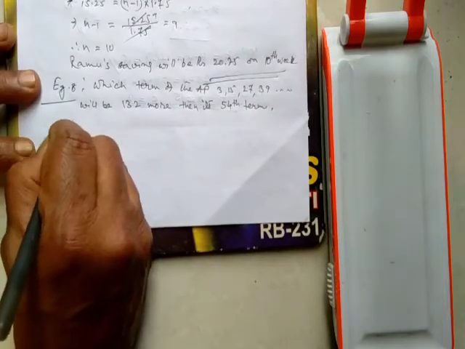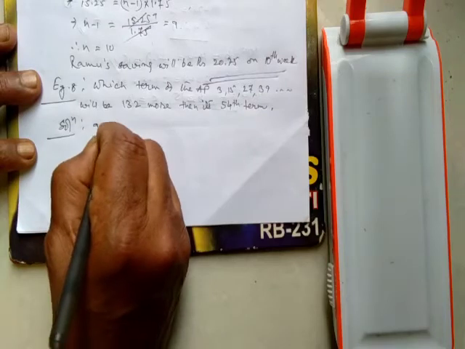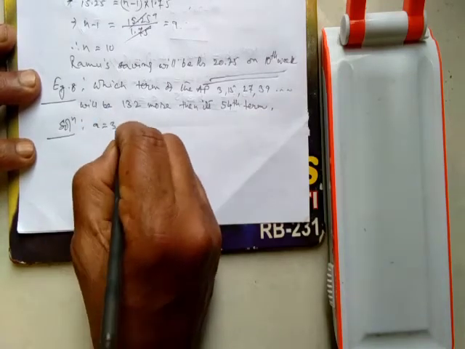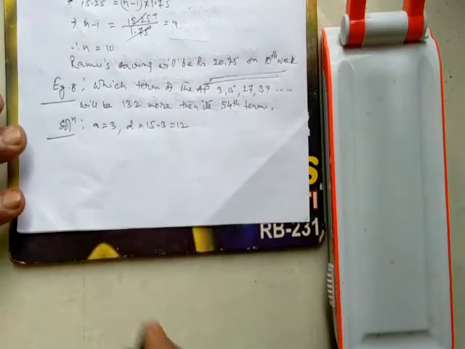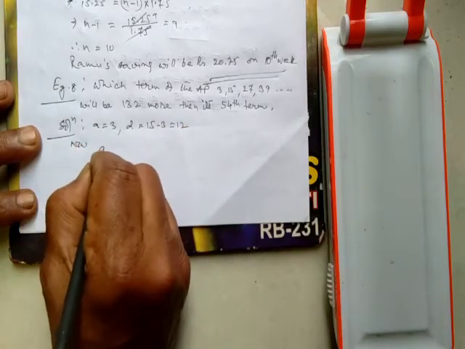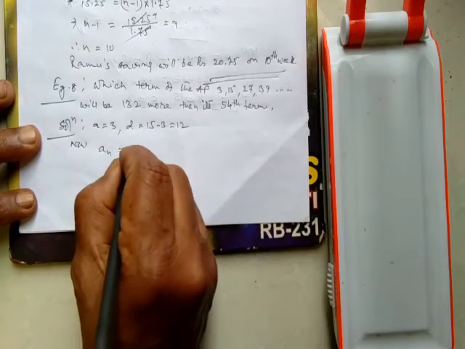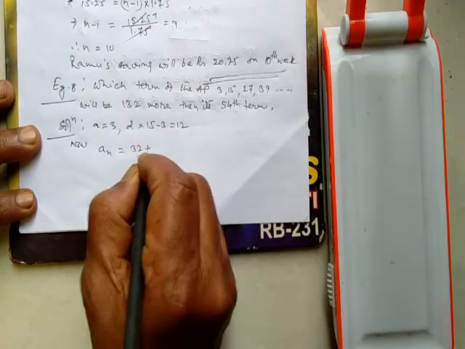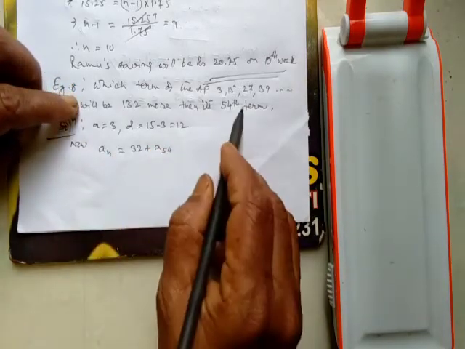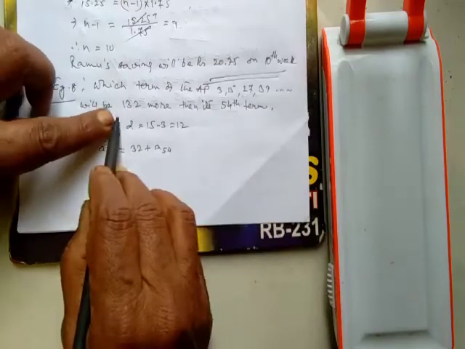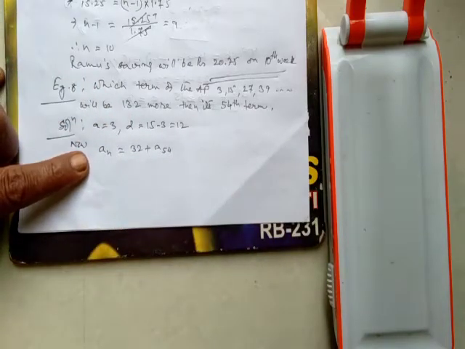Solution: A is equal to 3, D is equal to 15 minus 3 is equal to 12. Now the nth term, which term of this AP will be 132 more than the 54th term? So this is what we have to find out.